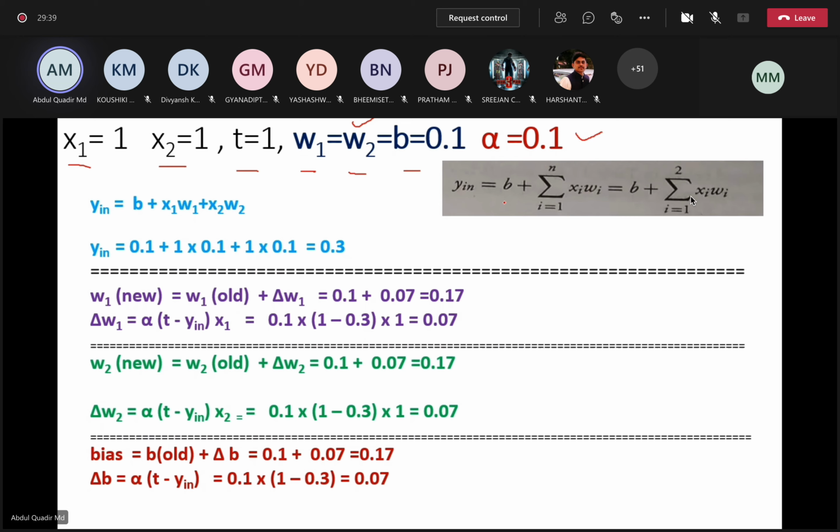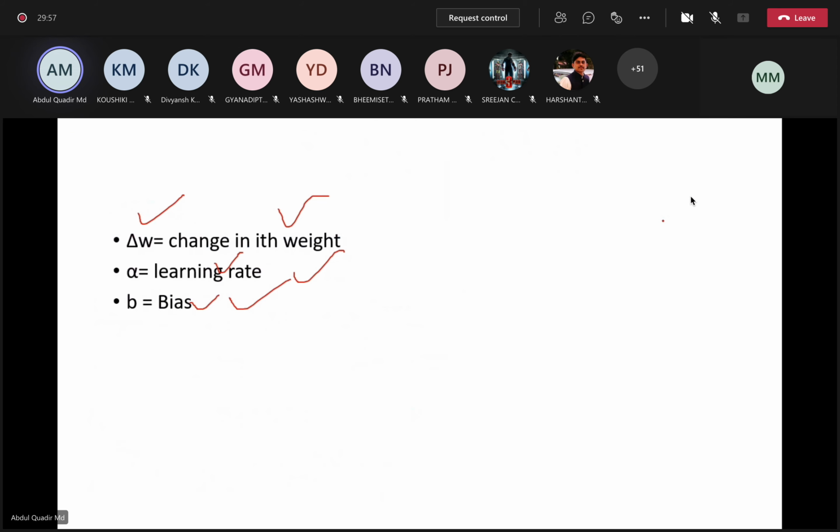So we know the bias plus the sum of Wi into Xi. How many inputs? 2 inputs.